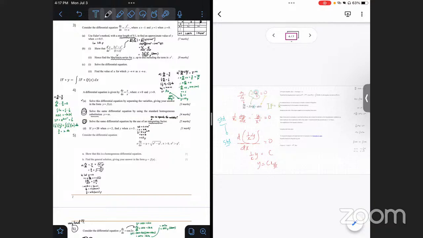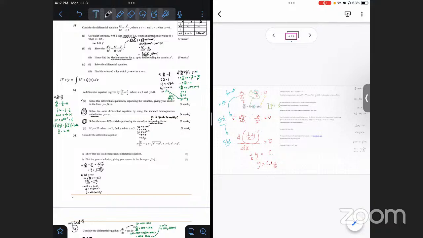Can I just explain what I did? At least I understand what I'm doing. Okay, so I'm getting from here to here. This is just our formatting, right? And then this is simply times the IF, the integrating factor, on both sides.